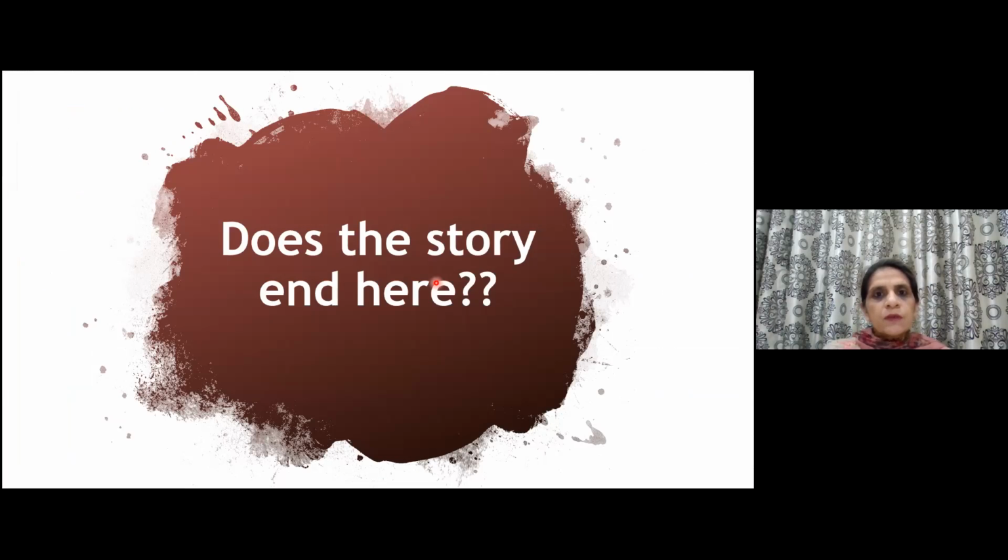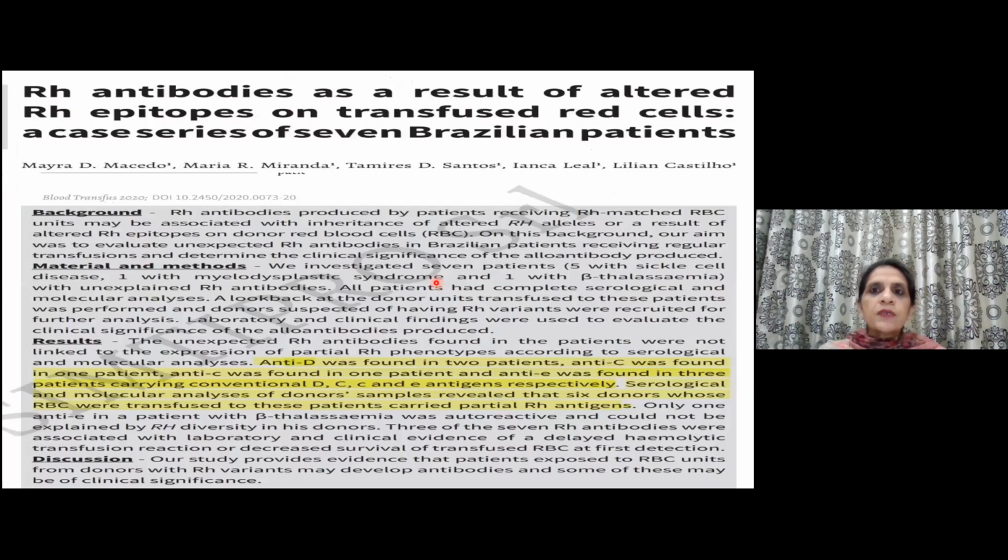So now, after listening to all this, we wonder whether the story ends here, because Rh antibodies, due to altered Rh epitopes on transfused red cells, are even seen when the patient is Rh positive. This was a case series of 7 Brazilian patients, wherein they found anti-D in 2 patients, anti-C in 1 patient, anti-c in 1 patient, and anti-E in 3 patients.